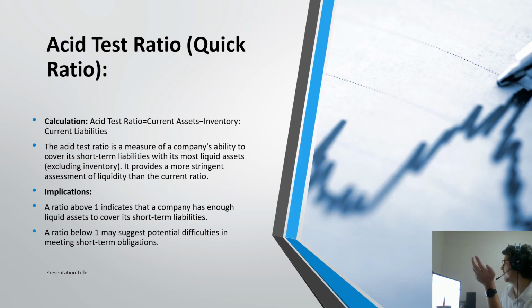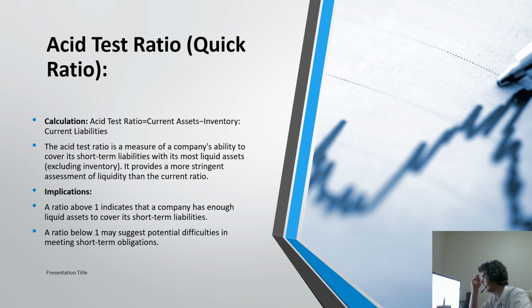Now, how do we do that? The first thing that we have is the asset test ratio. The asset test ratio is almost the same as the current ratio, but it doesn't take into account inventory. So it is also one of the liquidity ratios, but because it doesn't take into account trading inventory, it gives you a better indication of whether, if the business was in trouble, you'd still be able to pay off your debt.